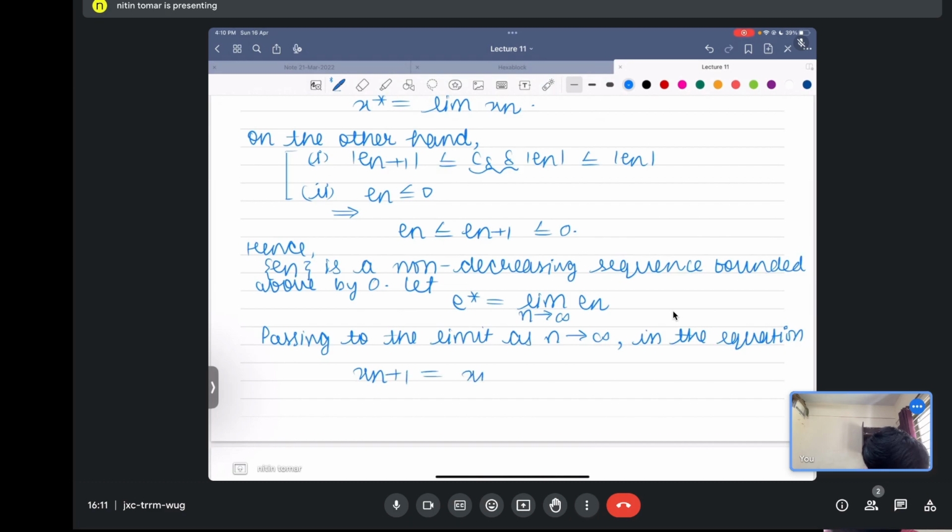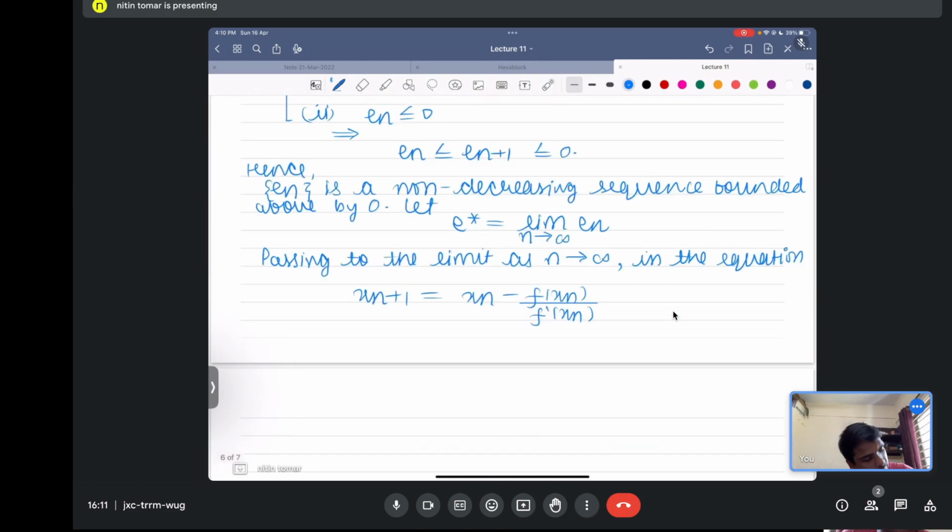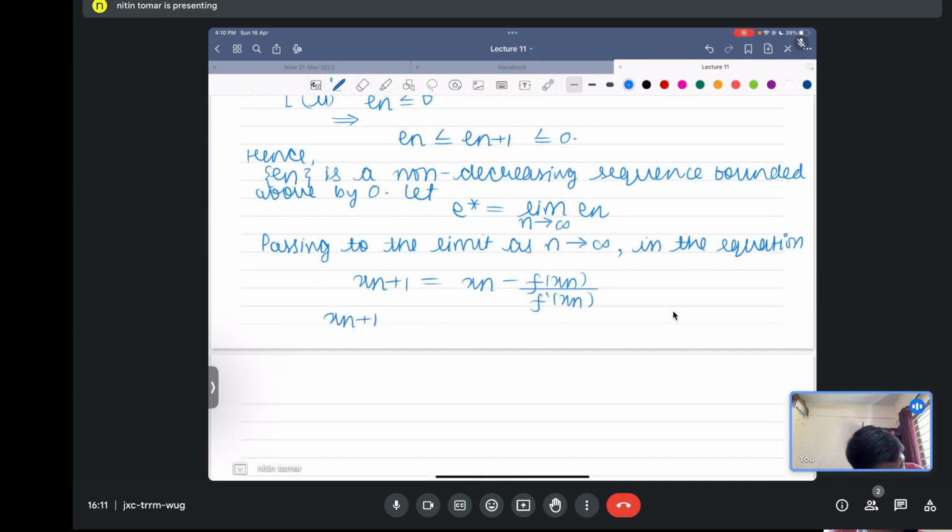Xn plus 1 is xn minus f of xn by f prime xn, right? So if you do this, what will be r minus xn plus 1? It will be r minus xn plus f of xn by f prime xn, right? And this is precisely En plus 1 is En plus f of xn by f prime xn, right?